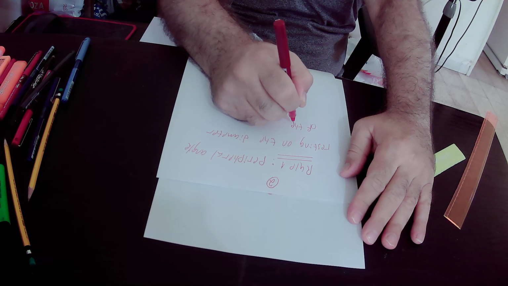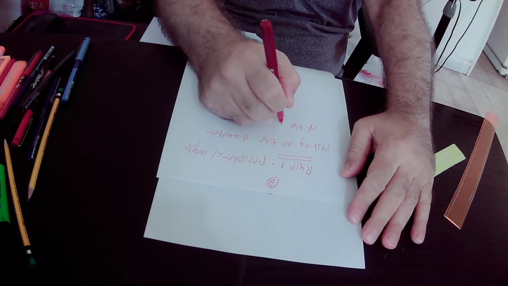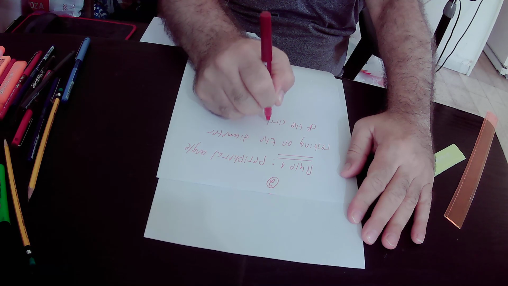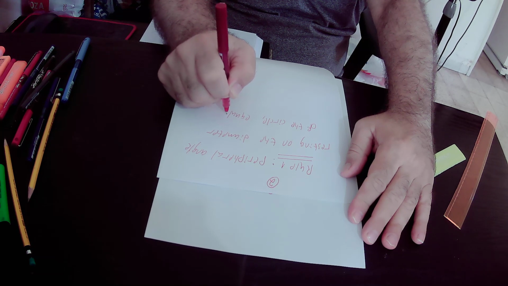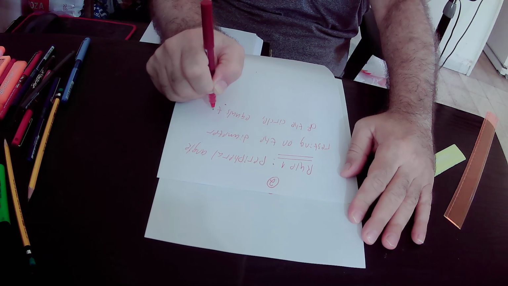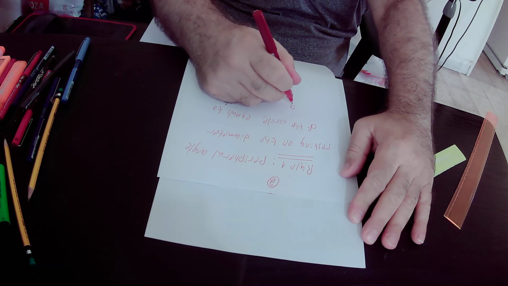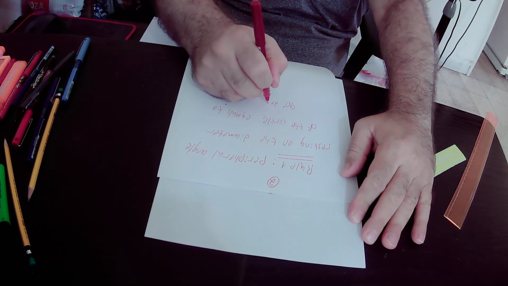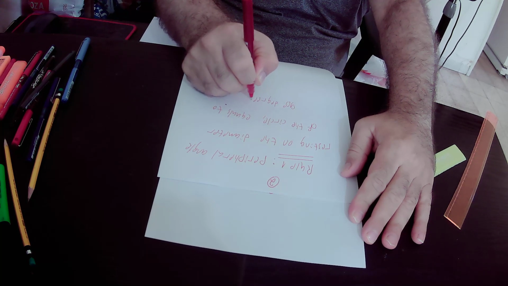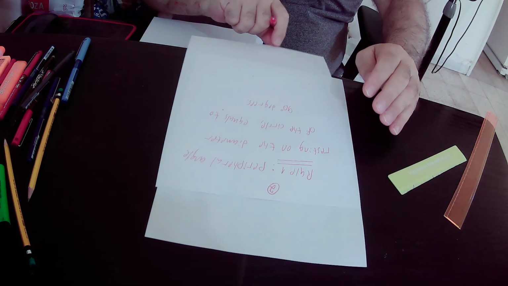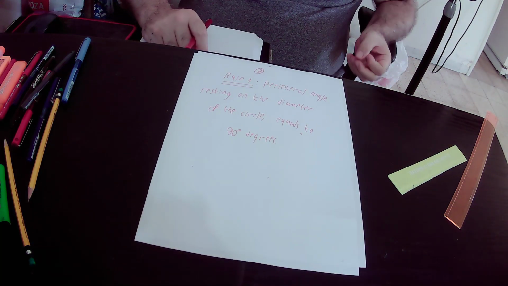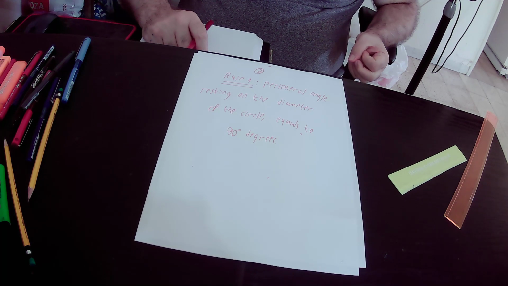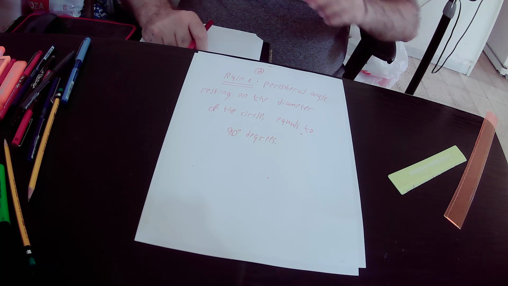It can be a circle or semicircle of the circle, equals 90 degrees. So I will read rule number 1 again. Rule number 1 states that peripheral angle resting on the diameter of the circle equals 90 degrees.